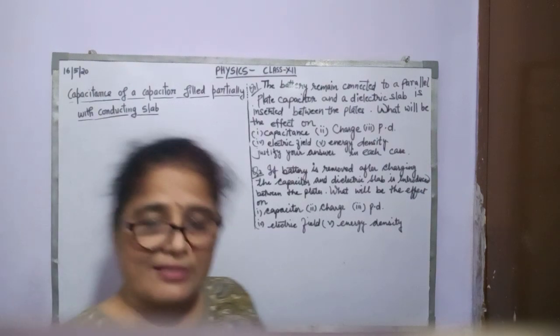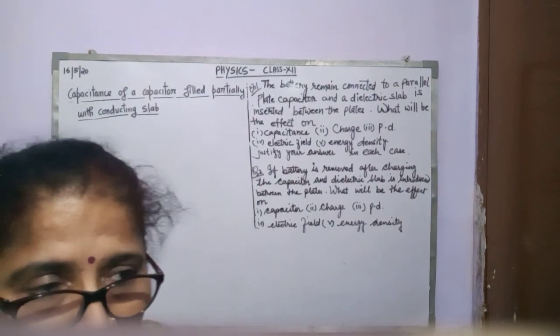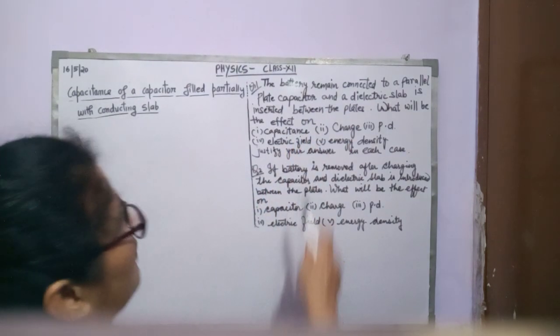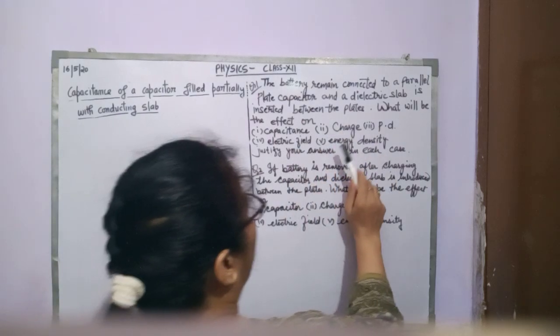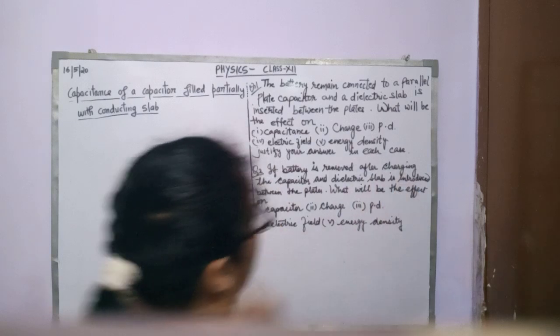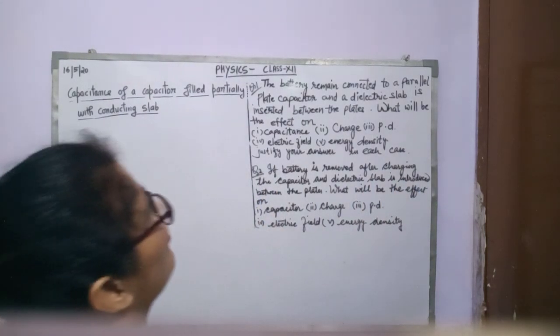In other words, the thickness of the dielectric slab is d, because it is not mentioned as partial. What will be the effect on capacitance, charge, potential difference, electric field, energy density? Justify your answer in each case. We have to give the justification by using the formula only.